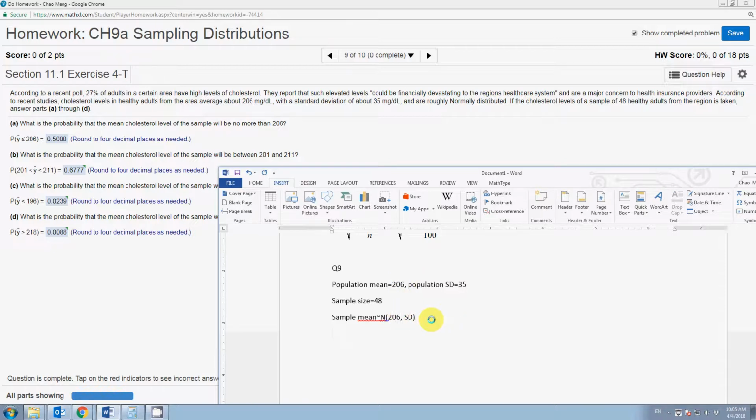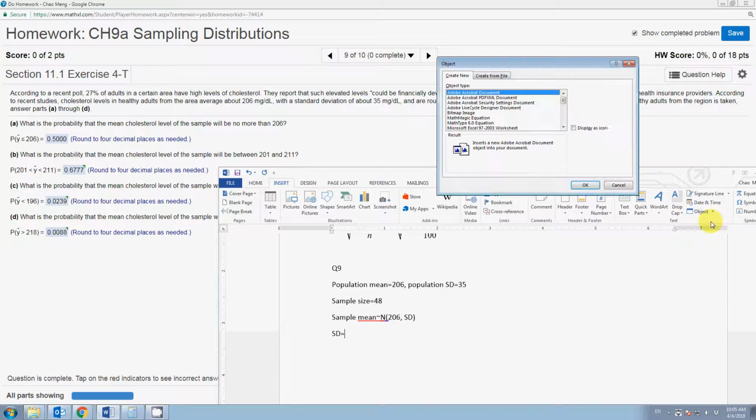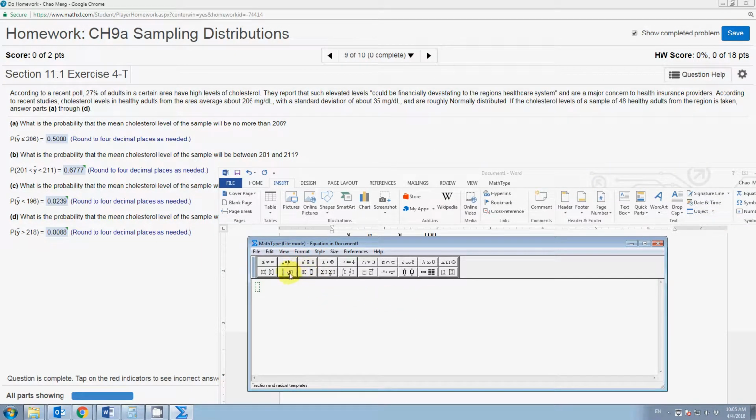Standard deviation we have to do some calculation, but we have the equation, so let me put the equation here. It's equal to the population standard deviation, which is sigma, over the square root of the sample size n.